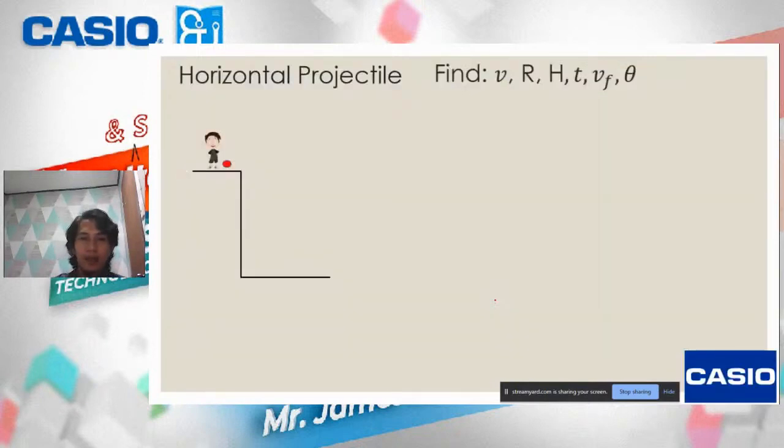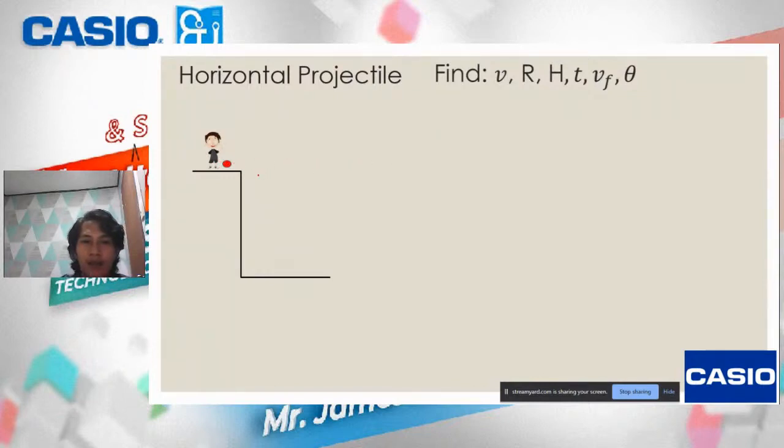Okay? Now, we have two kinds, like what we have mentioned, two kinds of projectile motion. The one we mentioned is horizontal projectile. So let's say, for example, this boy is about to kick this red ball horizontally. Okay.